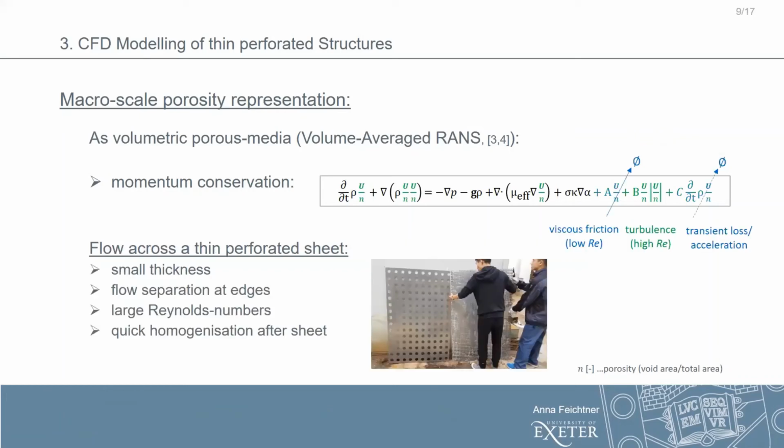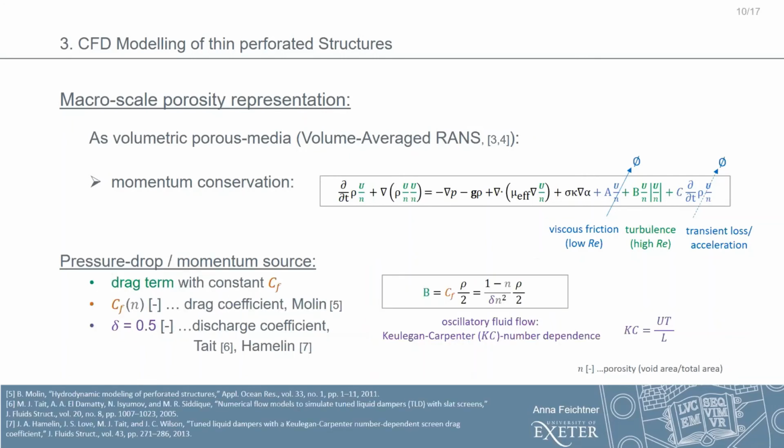In the very specific case of flow across a thin perforated structure or sheet, which is characterized by small thickness and flow separation at the edges, the flow regime is very turbulent with large Reynolds numbers, but also the fluid flow is quickly homogenized before and after the sheet. So in that case, viscous friction and also transient losses can be neglected, and the effect of the structure on the fluid can be represented by a quadratic drag term.